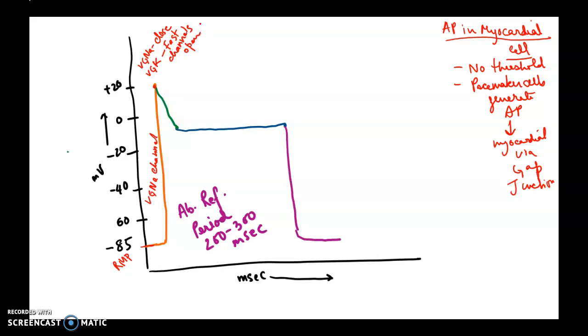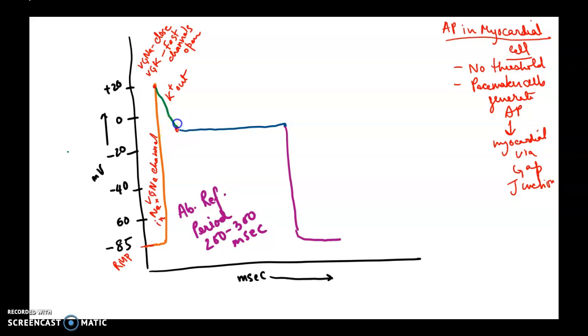And as the voltage-gated potassium channels open, obviously potassium goes out. So here we had sodium in, and at this point we are having potassium out. As potassium moves out, obviously we are losing positivity, so the membrane potential drops to about negative 15.